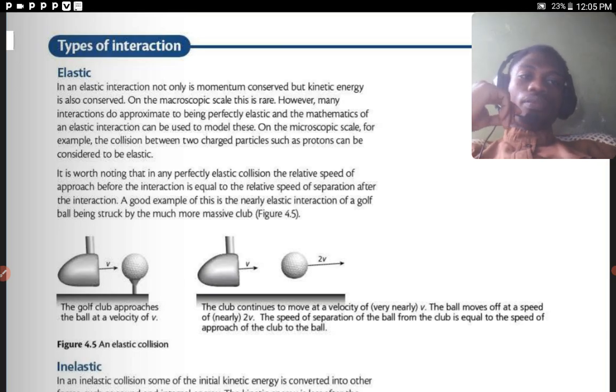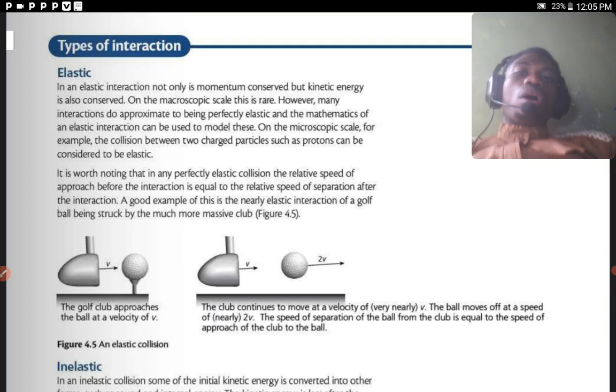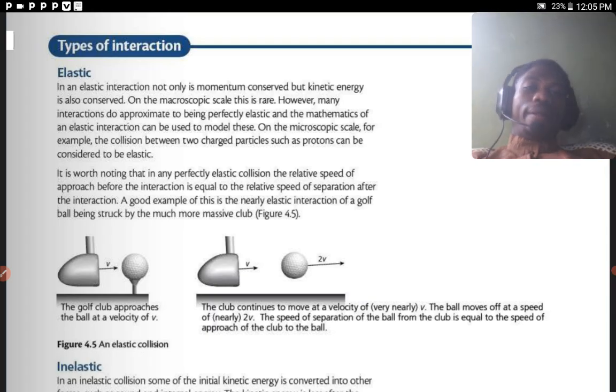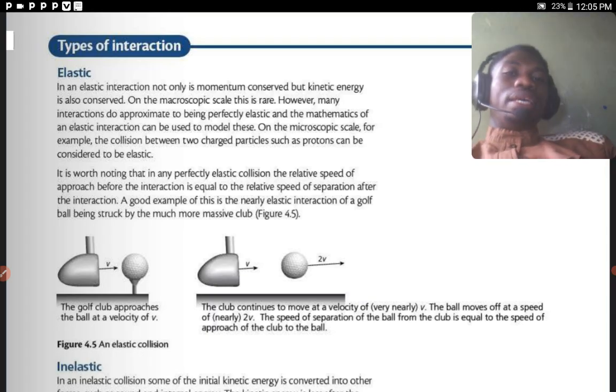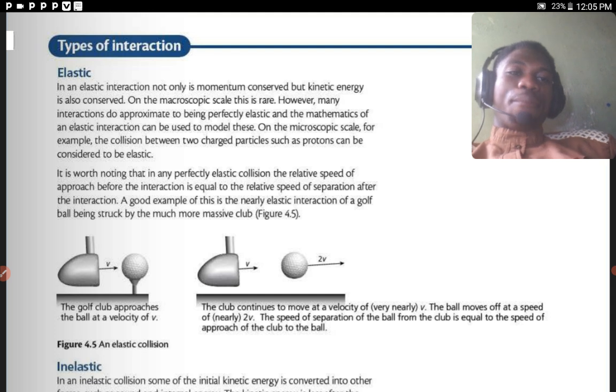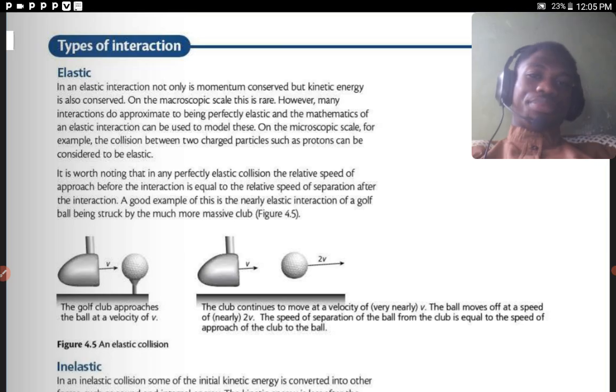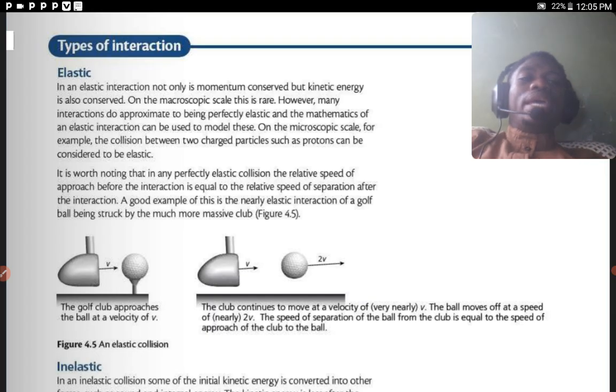All right, good. Now, on the macroscopic scale, this is very rare to come by. So it is difficult to have an elastic collision. However, many interactions may be approximately elastic.